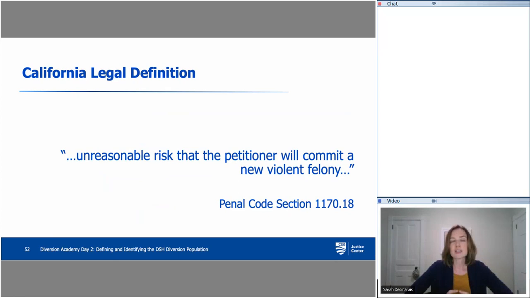If we start here with this common definition, we can then look outward and start to think about what cases would be relevant. I would encourage you all to think about this from the point of view of risk assessment instead of relying uniquely on the charging offense, for some of the reasons we've talked about already. The way that something looks on paper, whatever that offense might be, is potentially very different than an understanding of what the behavior itself was, and also separate from that, what the likelihood of a future violent felony behavior might be. Next slide, please.